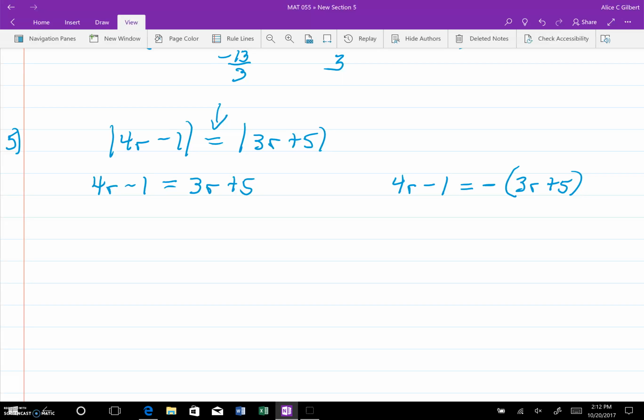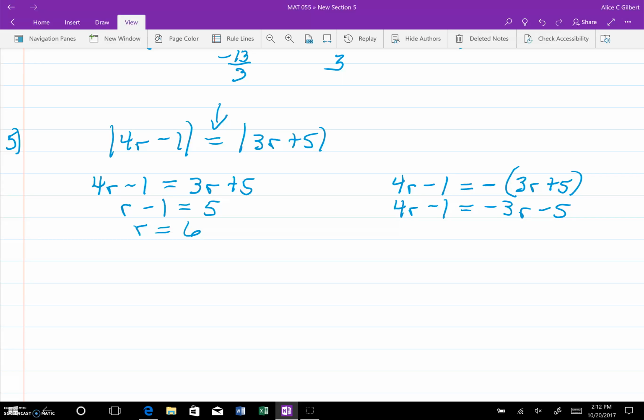So make sure to put the whole thing in parentheses so you can distribute that negative carefully. Now I just need to get my r's on both sides. So I'm going to subtract the 3r from both sides so I can keep my r term positive, and that'll give me r. And then I'm going to add 1 to both sides, and so I get this. And then the first thing I need to do is distribute my negative.